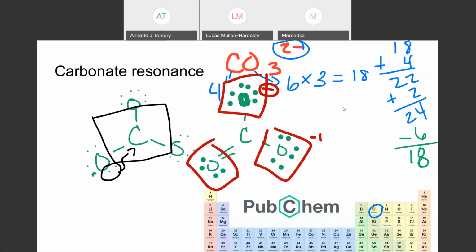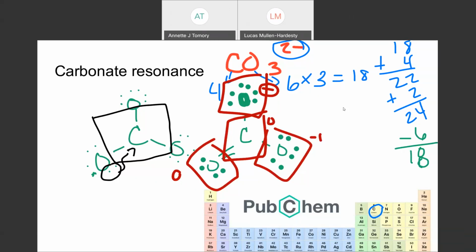That would be 6. So it brought 6 and it has 6, so that'd be 0. How about carbon? Carbon has 4 and it brought 4, so that's 0. Is there any way we can minimize this? Do you have any positives and negatives that we can cancel out? No. Because of that, that's going to be our most stable structure.